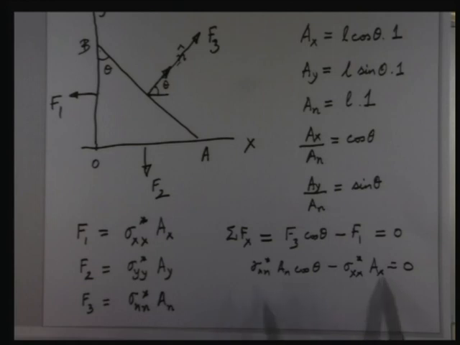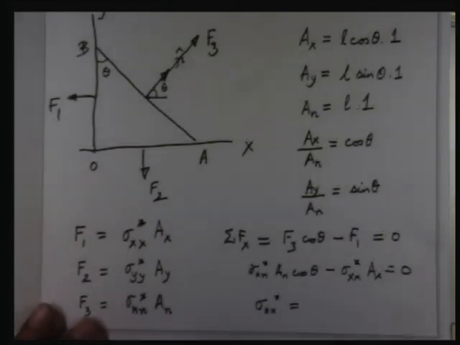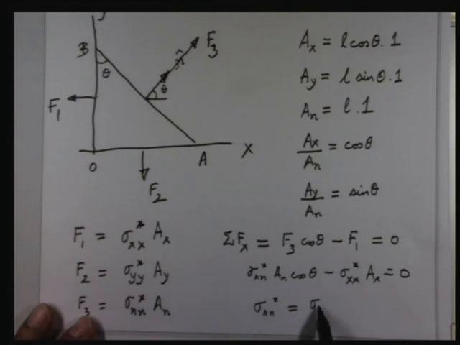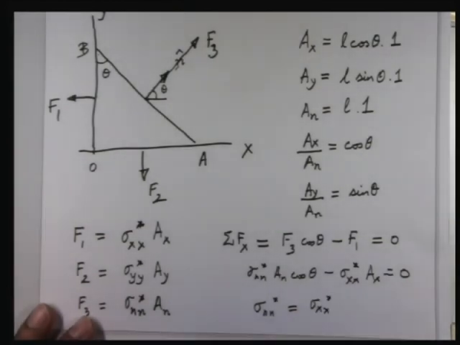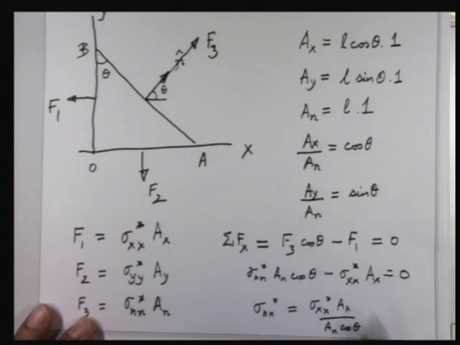So from here you have sigma nn star equal to sigma xx star into AX by AN cos theta. Now AX by AN is cos theta, so this cancels out. So we get sigma nn star equal to sigma xx star.